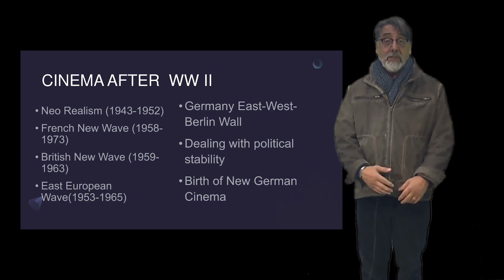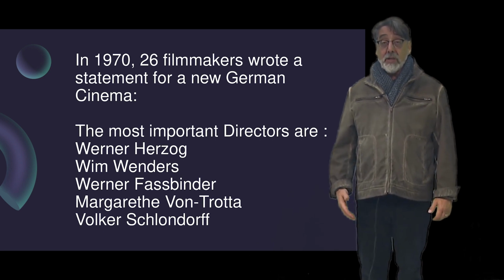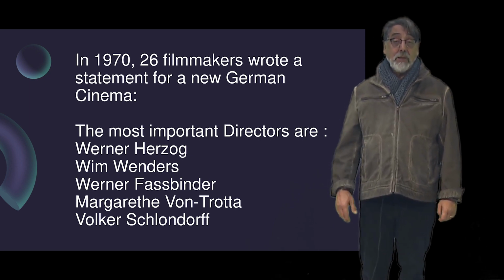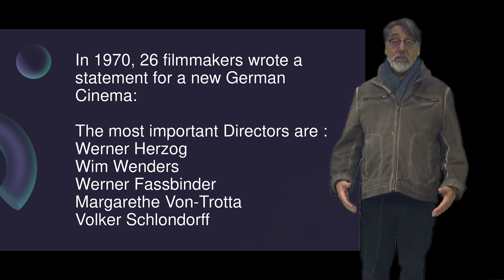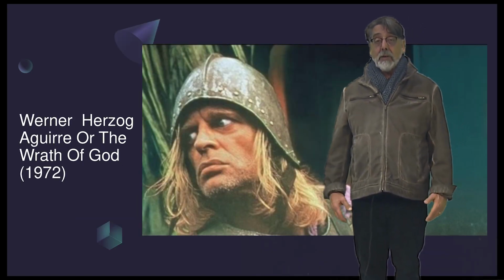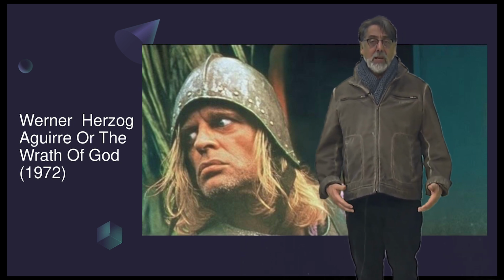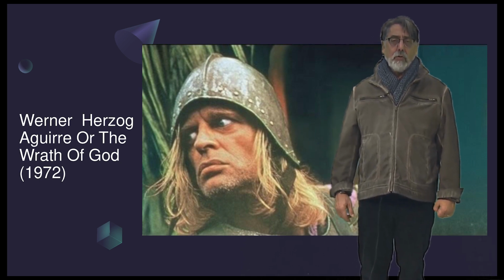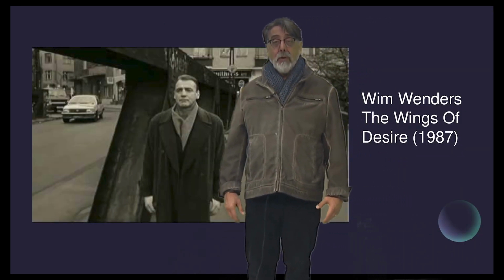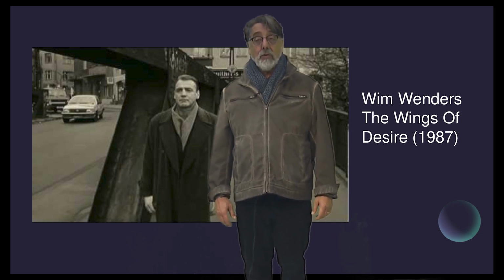In 1970, 26 filmmakers wrote a statement for a new German cinema. The most important directors are Werner Herzog, Wim Wenders, who will be the director of Paris, Texas, Rainer Werner Fassbinder, Margarethe von Trotta, and Volker Schlöndorff. These are really the big names. Werner Herzog made multiple films, and Aguirre, the Wrath of God is one of these great films, in 1972, where he went to South America and filmed in very difficult conditions, but still with an idea of reality. Wim Wenders, obviously before, this is just right after Paris, Texas, but his masterpiece is Wings of Desire.